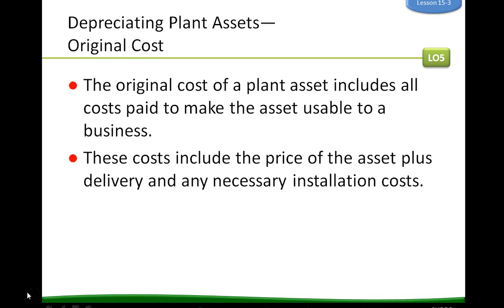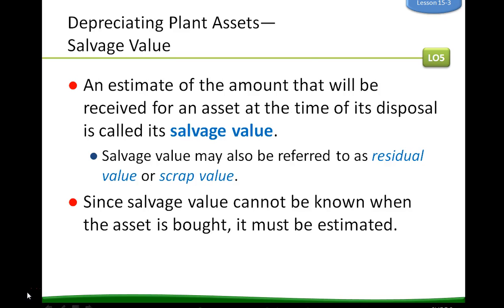These costs include the price of the asset plus delivery and any necessary installation costs. The salvage value, an estimate of the amount that will be received for an asset at the time of its disposal, is called its salvage value. Salvage value may also be referred to as residual value or scrap value. Since salvage value cannot be known when the asset is bought, it must be estimated.